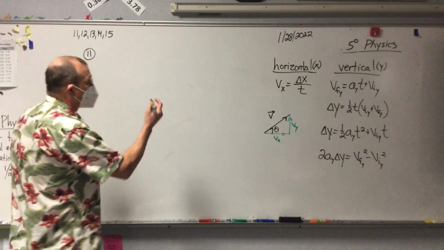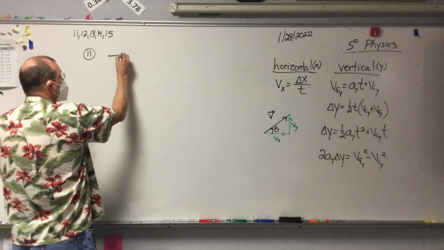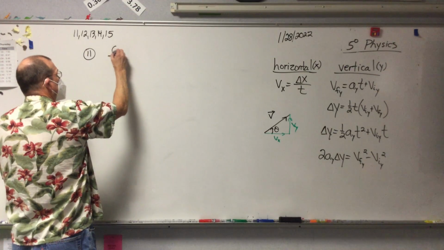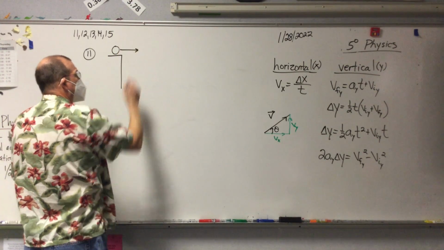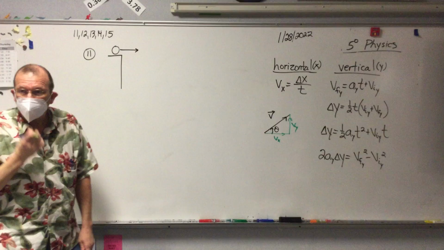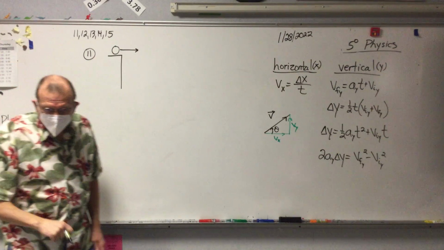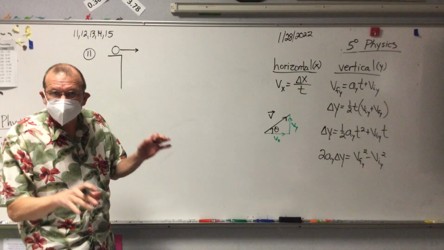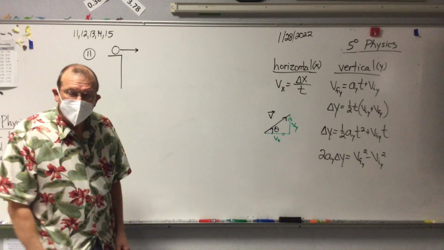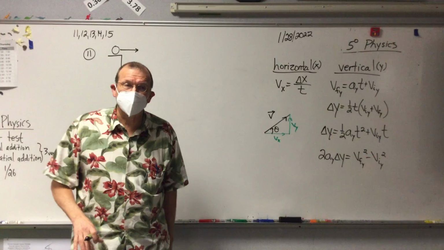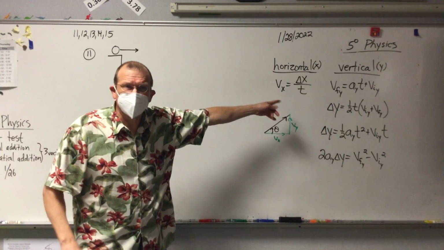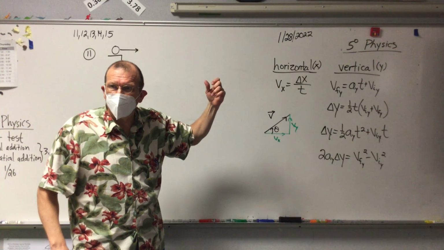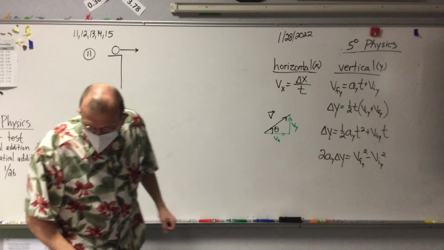So if we're making a generic picture, we are on the edge and an object is being projected horizontally. Now what I am going to do here is list the values that are in here, and then I'm going to ask people to tell me which of these things they've given us.